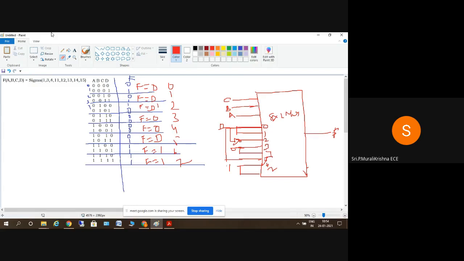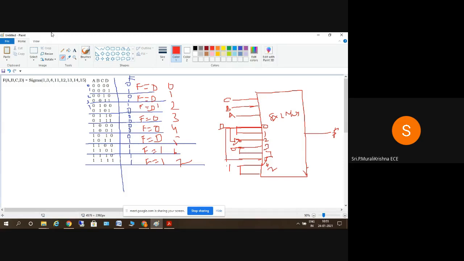So actually, this full subtractor using multiplexer will have two outputs. We'll use two multiplexers here, one for difference and the other one for borrow. Okay.